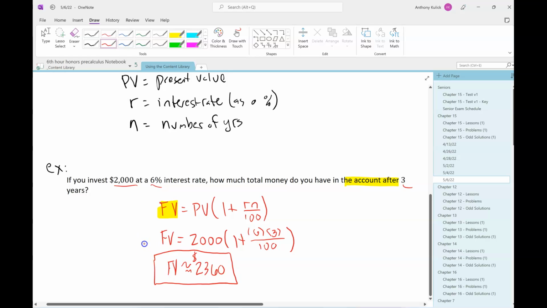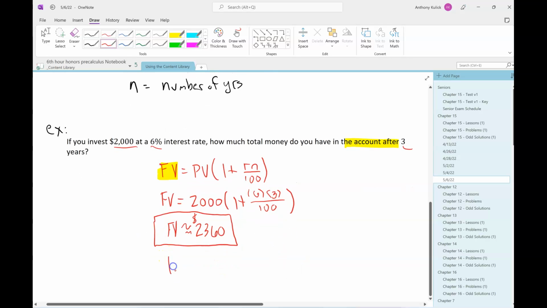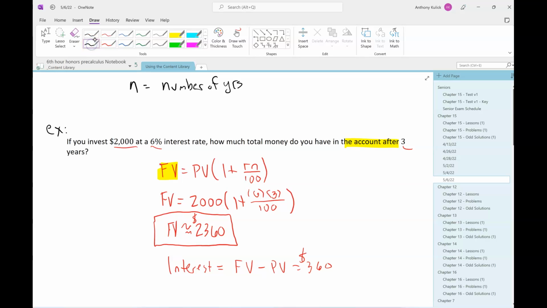So how much interest did I earn? Just as a secondary question. Yeah, and you could just do that by doing future value minus present value, right? Everybody cool with that?